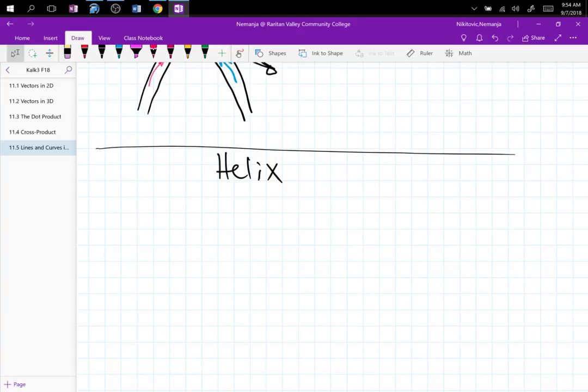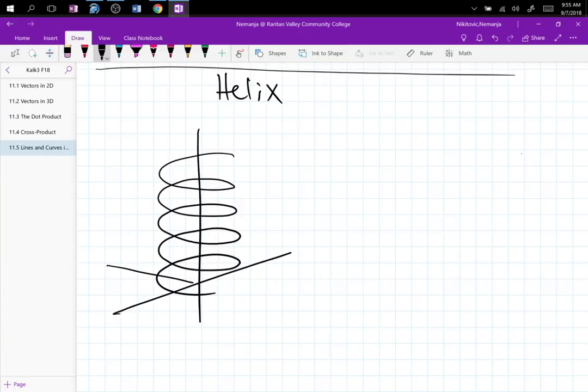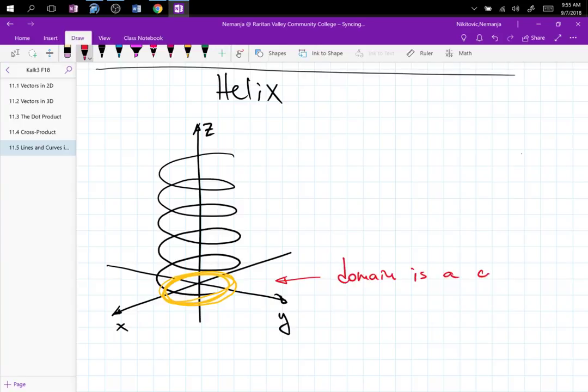That spring is a helix. Domain is a circle.